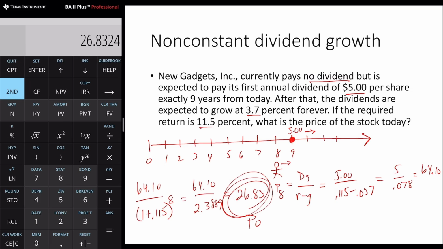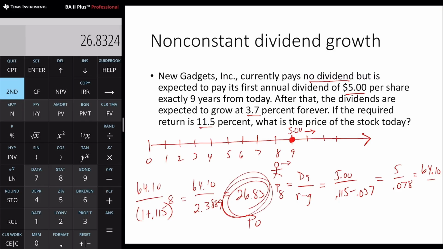So let's quickly recap what I just did. In this non-constant dividend growth example, you can see that it has multiple parts. As a whole, it seems complicated. But if we break it into 2 parts, we can see that both parts are relatively simple. The first part, we stood at time 8 looking forward, and we used the constant dividend growth model, which makes it relatively easy.